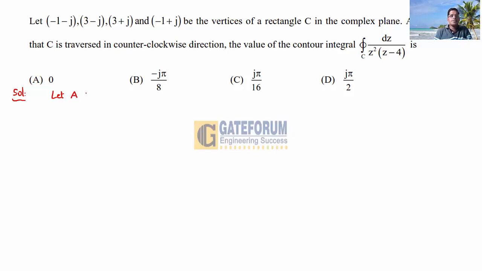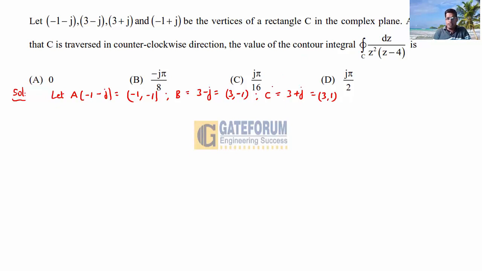A, that is minus 1 minus j, which is nothing but minus 1 comma minus 1 in 2D geometry representation. B is equal to 3 minus j, which is nothing but 3 comma minus 1 in coordinate geometry. C is equal to 3 plus j, nothing but 3 comma 1. I mean, better, C is already the given curve. Let us take another vertex name. Rectangle has 4 vertices.